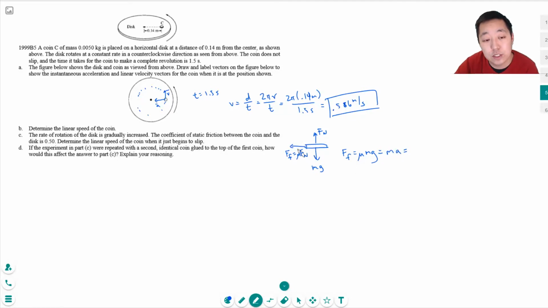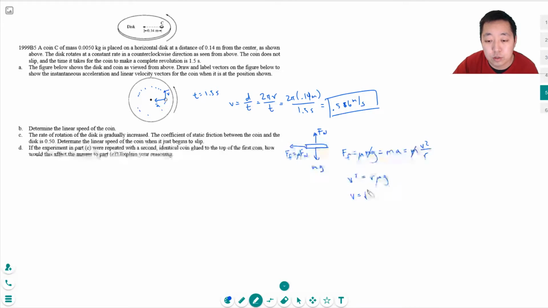What acceleration is it feeling? It's feeling centripetal acceleration. That's given by v squared over r. The m's cancel. And I want to solve for mu. Mu is equal to v squared over gr. Oh, no, actually, they want the speed because they already told us what mu is. So you actually want v squared is equal to r mu g.